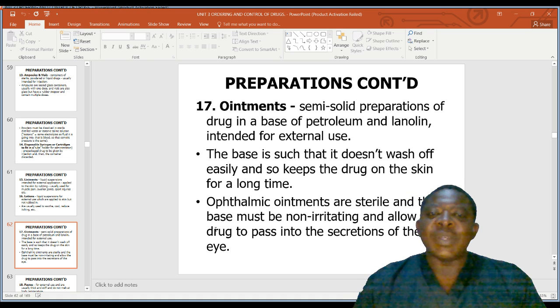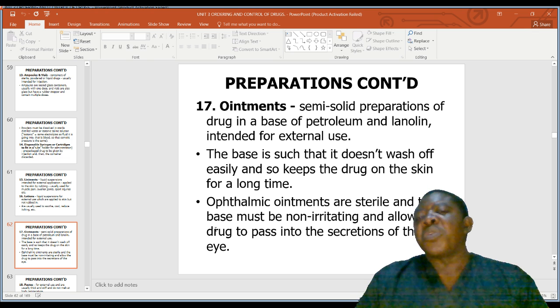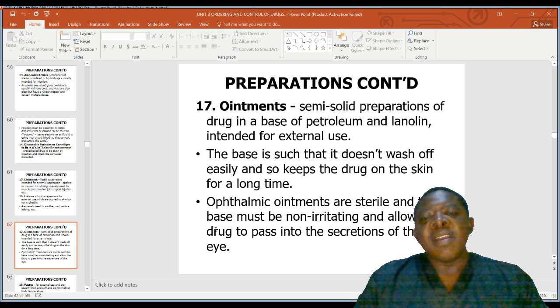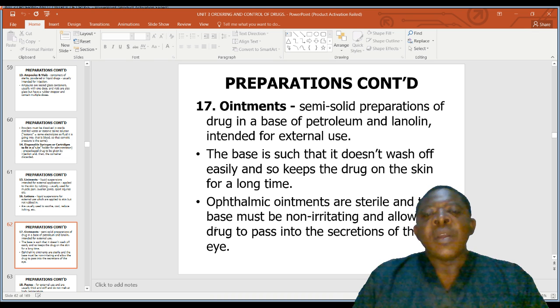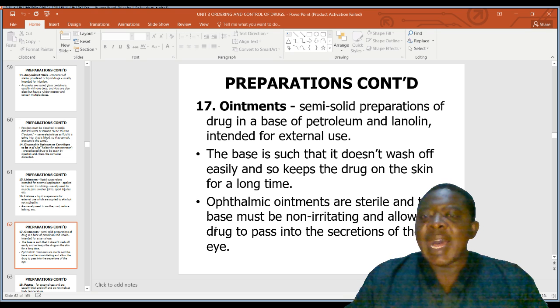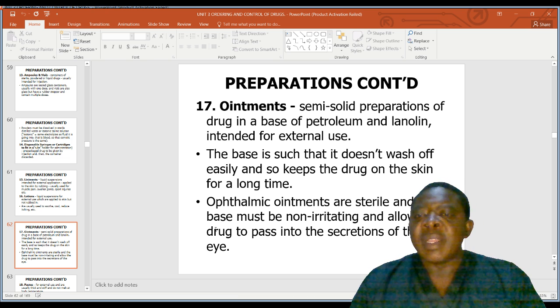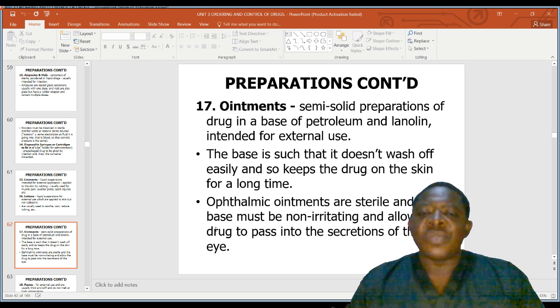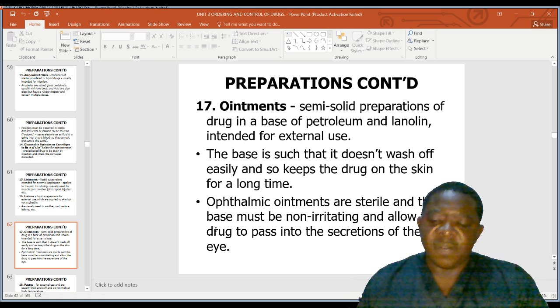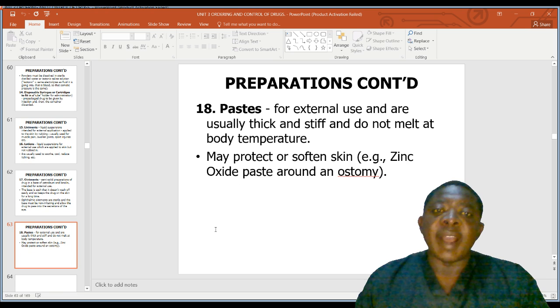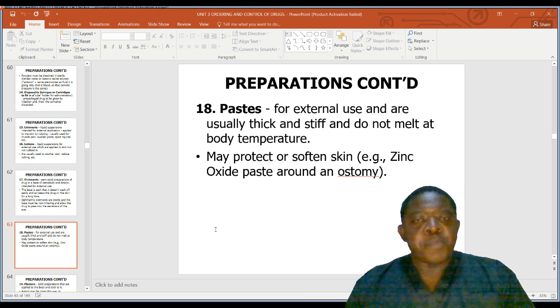So it will remain there on the wound, maybe where you have applied it, for a long time. Ophthalmic ointments are sterile and the base must be non-irritating and allow the drug to pass into the secretion of the eye. Then we have pastes.